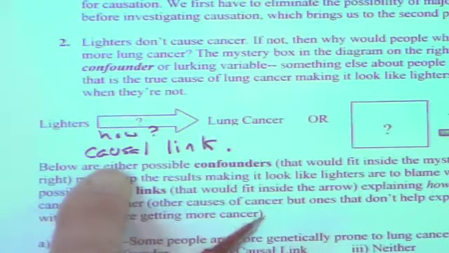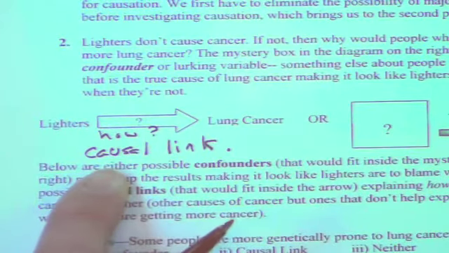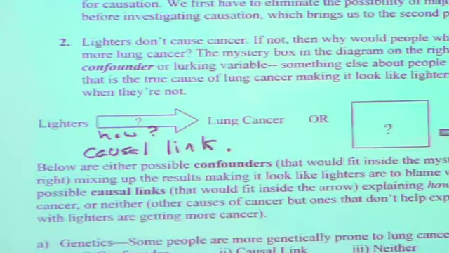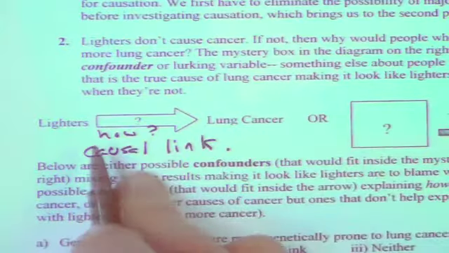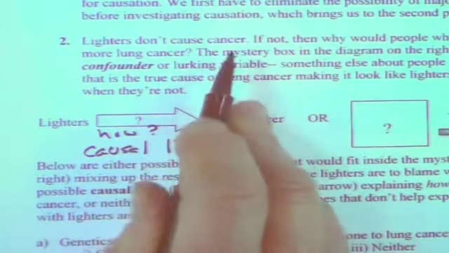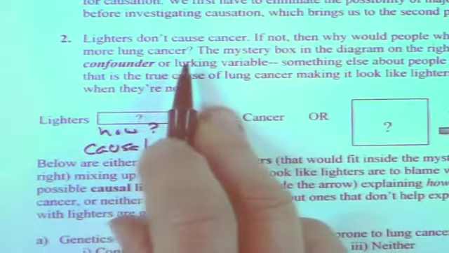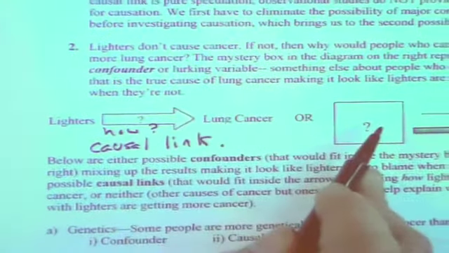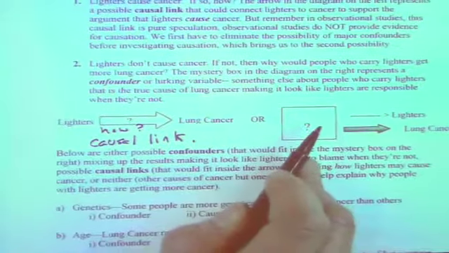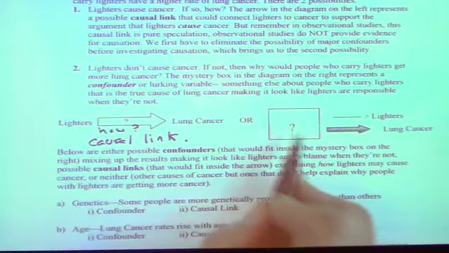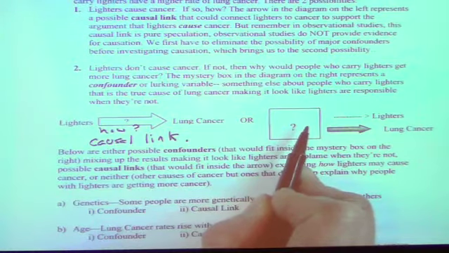But since people divided themselves up into two groups, I didn't randomly assign them, there might be something else about those people. Why would people who carry lighters get more lung cancer? There's a mystery there. What is different about those people who carry lighters and those that don't that could fit right in that box?